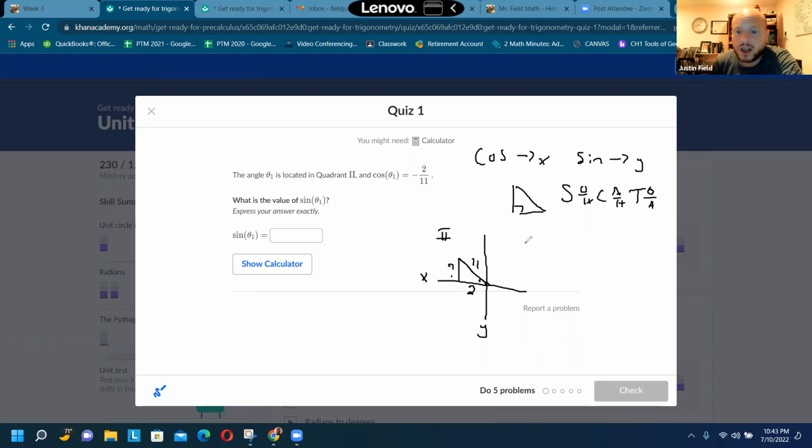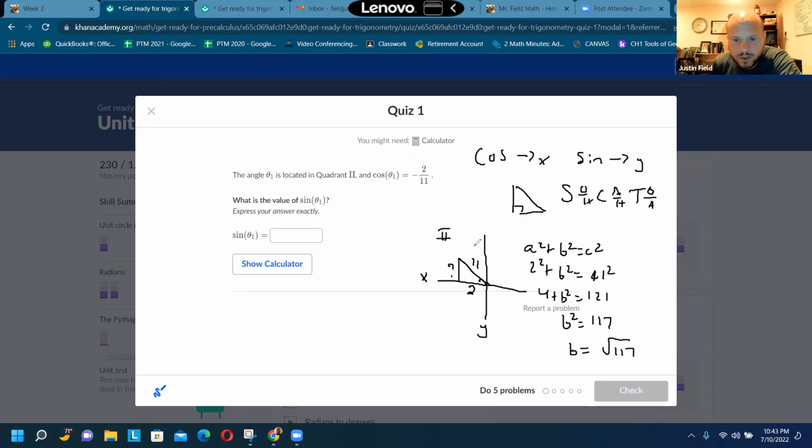We can use a squared plus b squared equals c squared, of course. So 2 squared plus b squared equals 11 squared, 121, minus 4. So b squared equals 117. So b is the square root of 117.